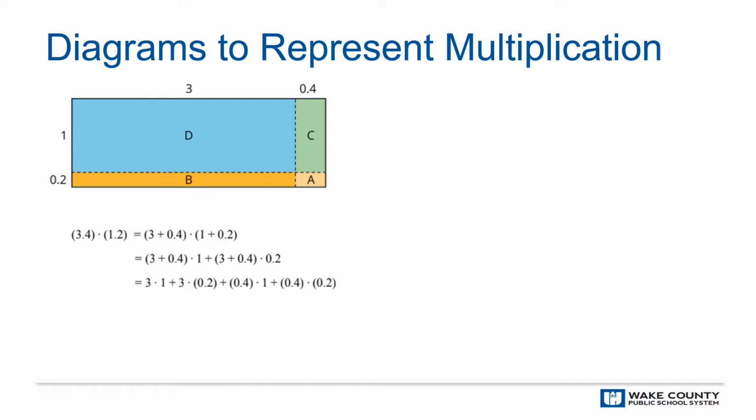Here you see the 3 4/10 times 1 2/10, broken down or decomposed into 3 plus 4/10 times 1 plus 2/10. Then again, broken down to 3 plus 4/10 times 1 plus 3 plus 4/10 times 2/10.